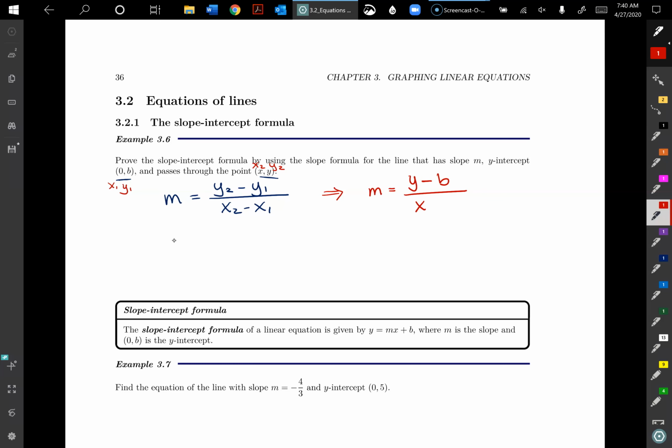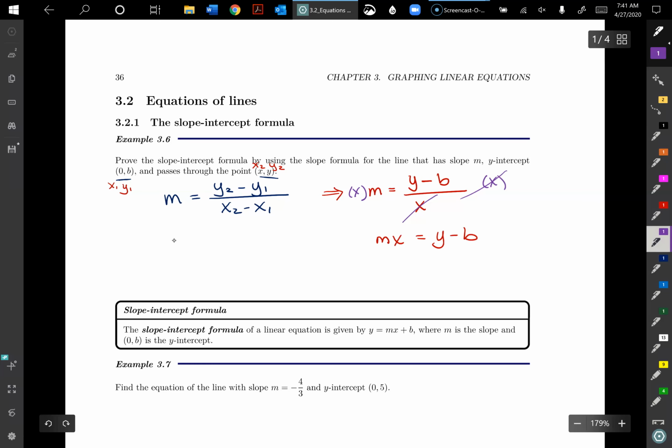And I need to clear my denominator first, so I'm going to multiply both sides by x here. Remember, my goal is to get y by itself. So then I end up with m times x equals y minus b.